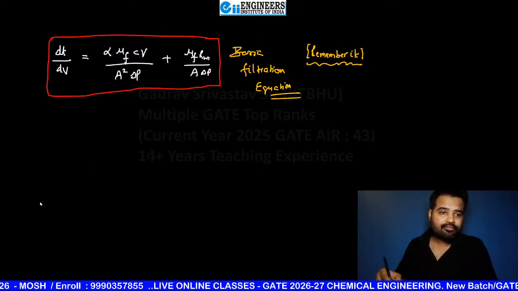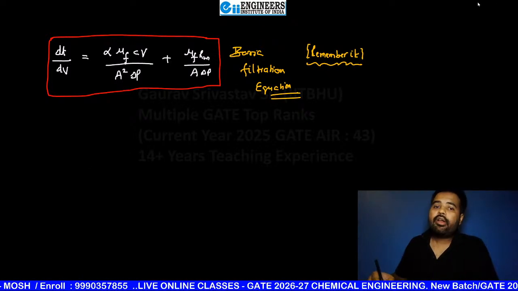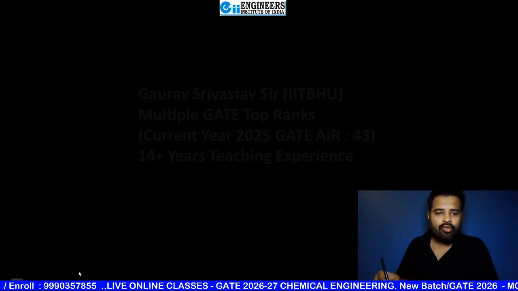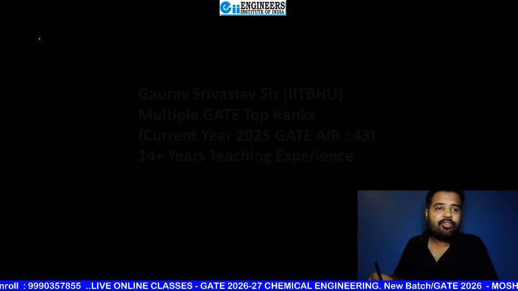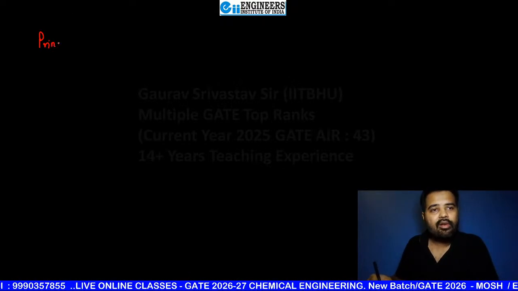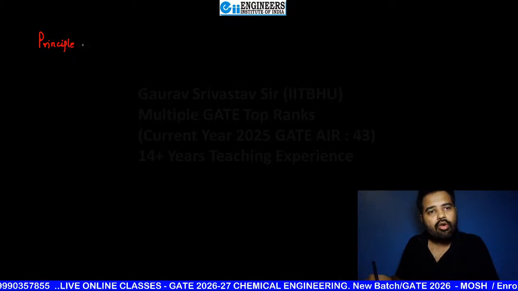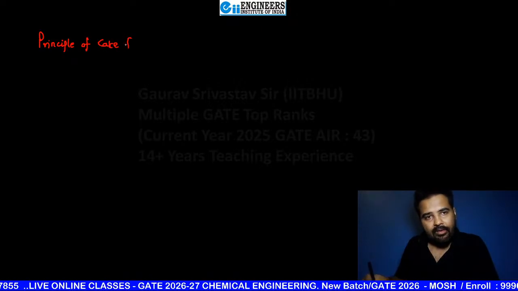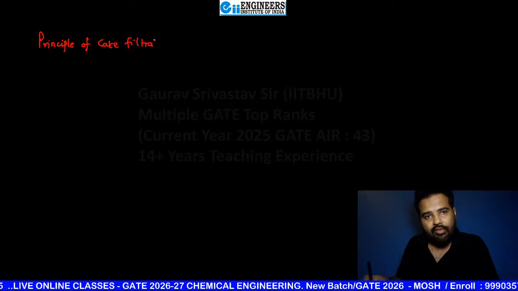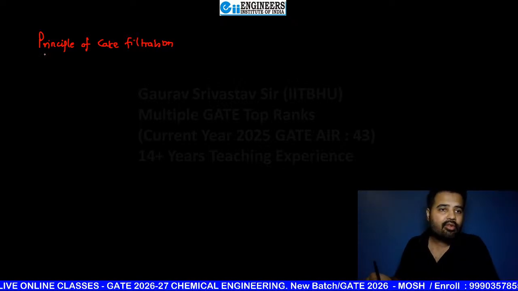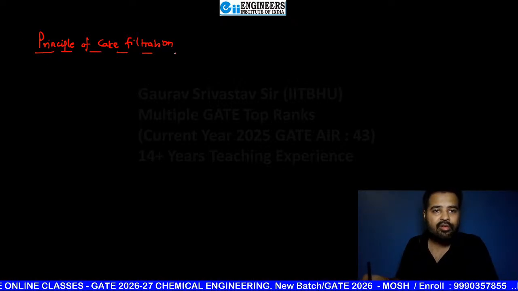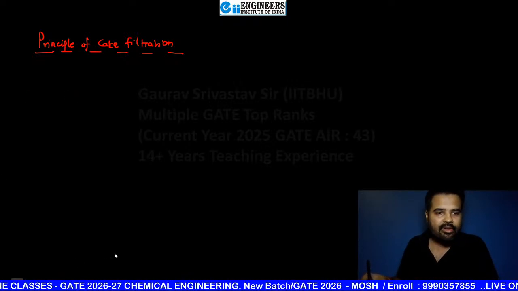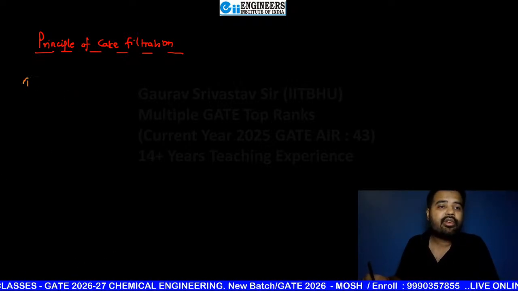Now, as I told you, the topic was the principle of cake filtration. And now again I am classifying this: the first one is constant pressure filtration and the second one is constant rate filtration.